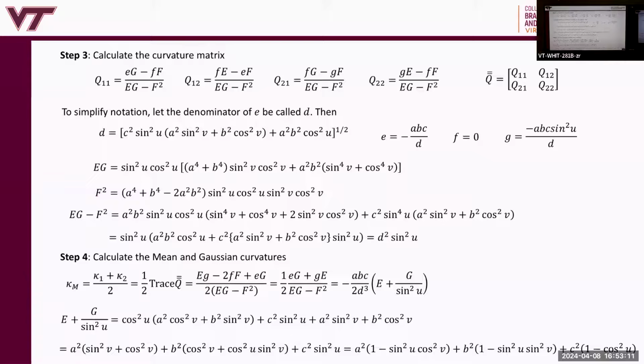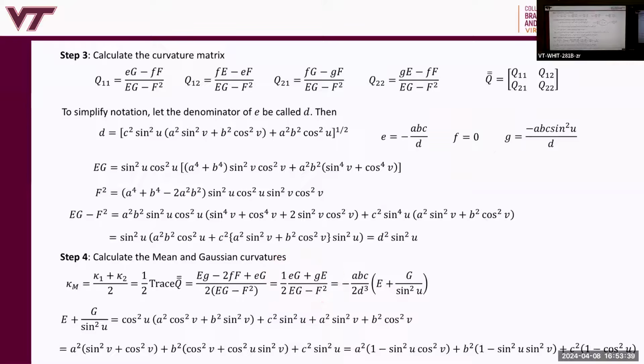Now let's calculate the mean curvature and Gaussian curvature. The mean curvature is 1/2 the trace of Q, and the trace of Q is Q11 plus Q22, times 1/2. If we add these two together, you get this expression. Since we know little f is equal to 0, it reduces to this expression.